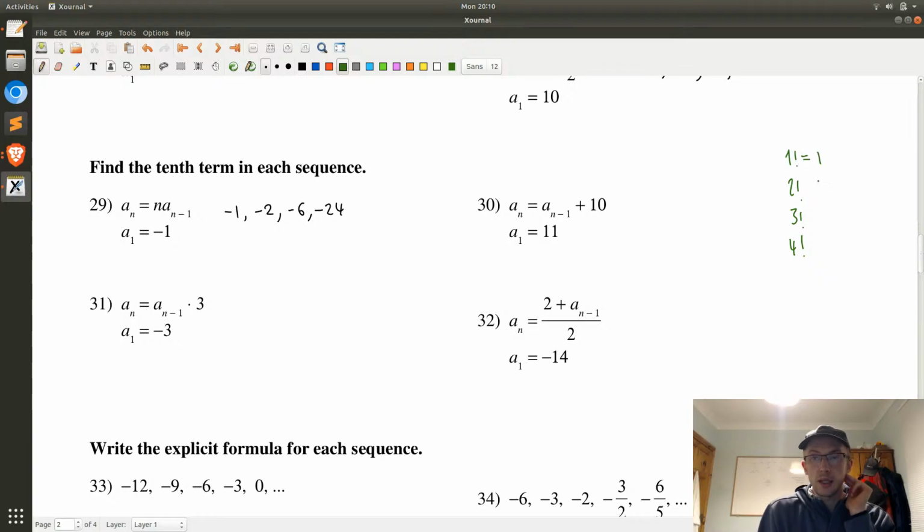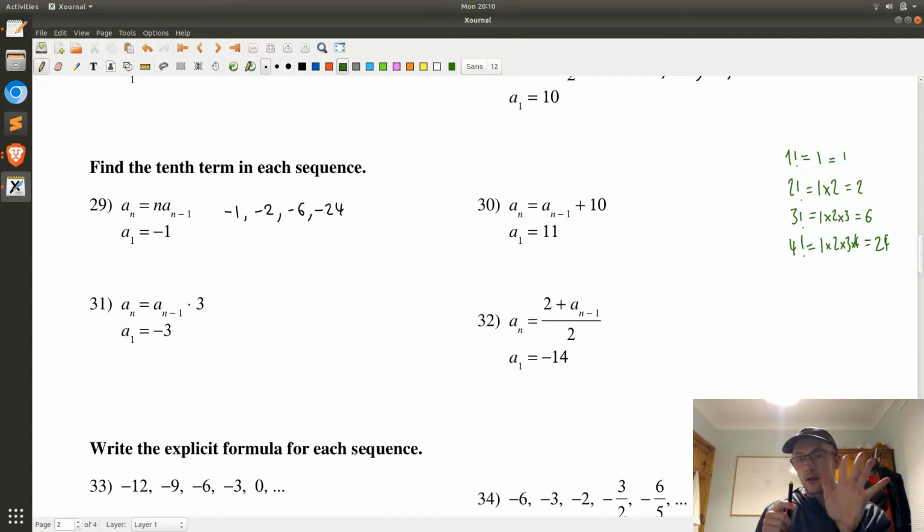And it's simply 1 times 2, 1 times 2 times 3, and then, as you can guess, 1 times 2 times 3 times 4. And these evaluate to 1, 2, 6, 24. What is 5 factorial?